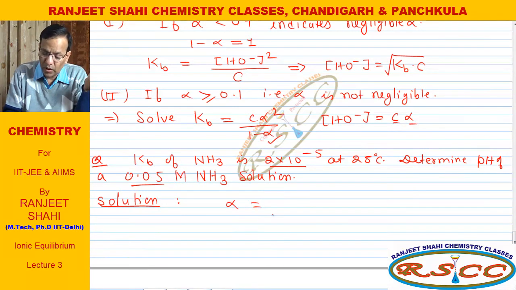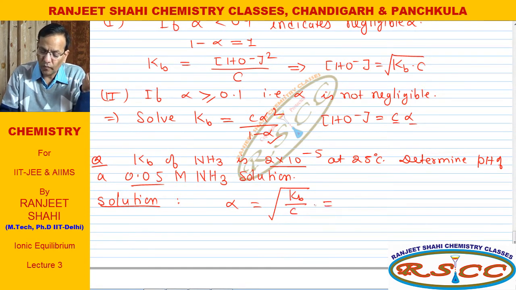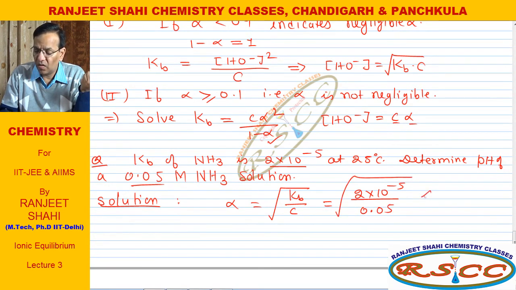Alpha will be equal to root under Kb upon C. Kb is 2 into 10 raised to the power minus 5 upon C, which is 0.05. It is obviously less than 0.1, so it is negligible.